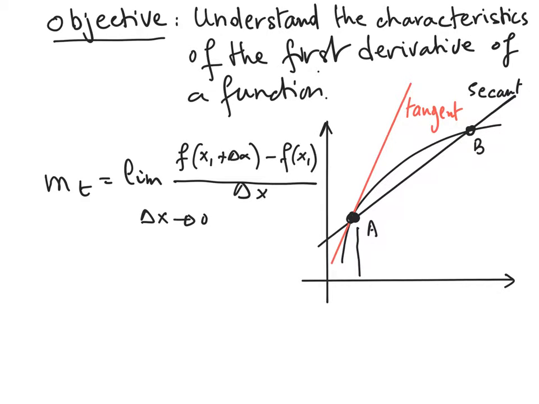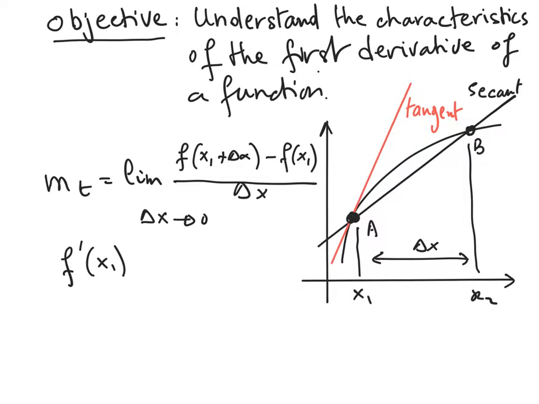Here this is x1, and this is x2, for example, and the distance between the two is delta x. The notation of the first derivative is f dash x1.